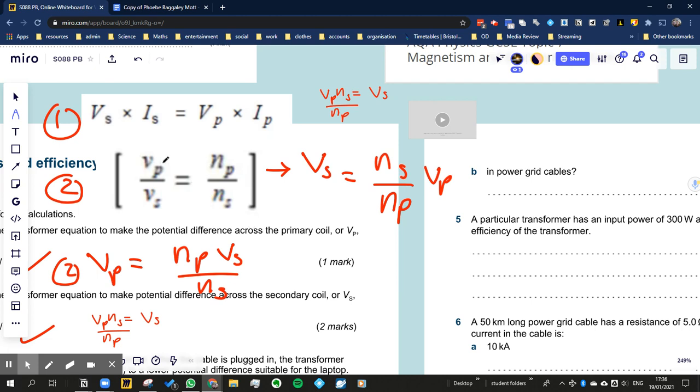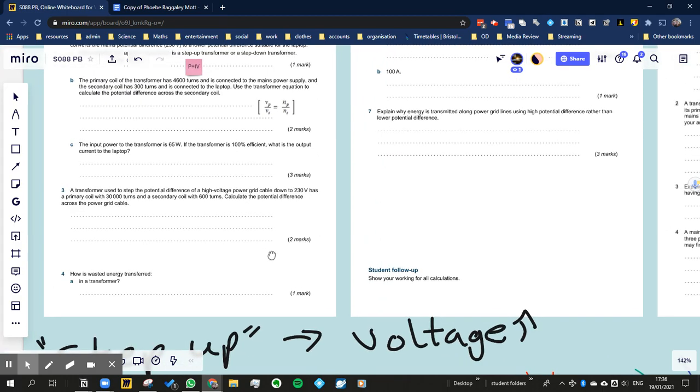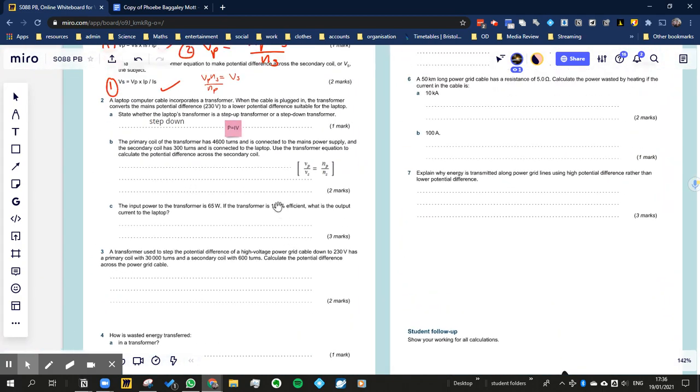So if I double the number of turns, let's say from 500 turns on the primary coil to 1,000 turns on the secondary coil, I'm also going to double the voltage. But when I double the voltage, I will then halve the current as well. That's basically all you need to know about transformers, and then it's just applying it to these situations.